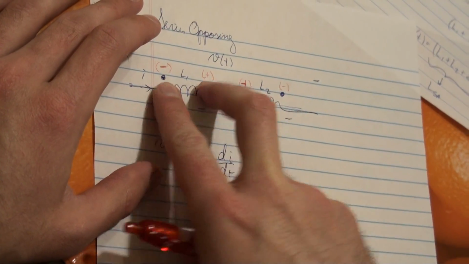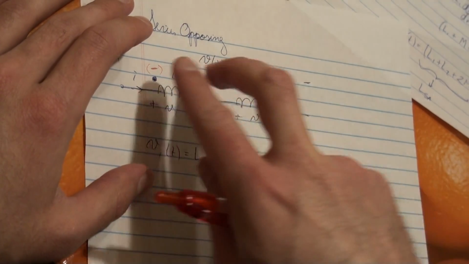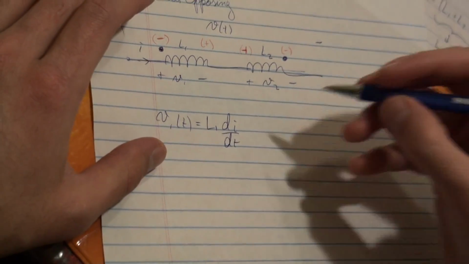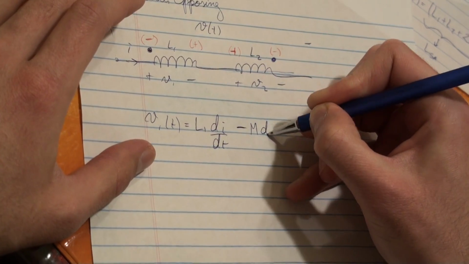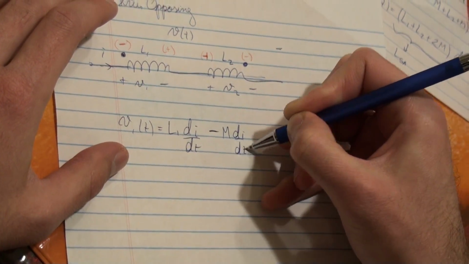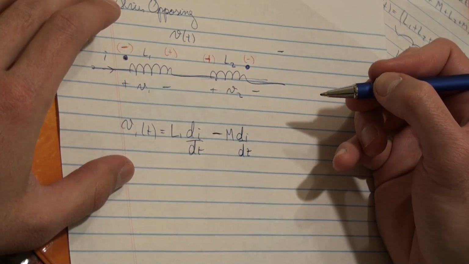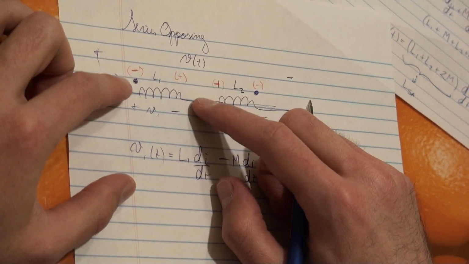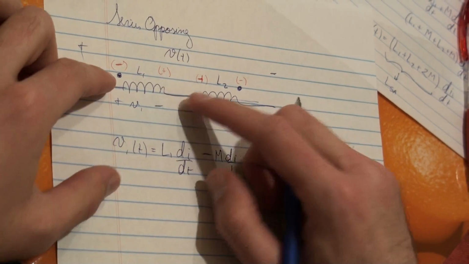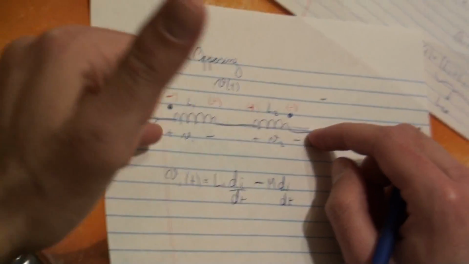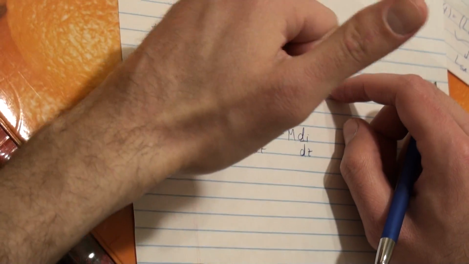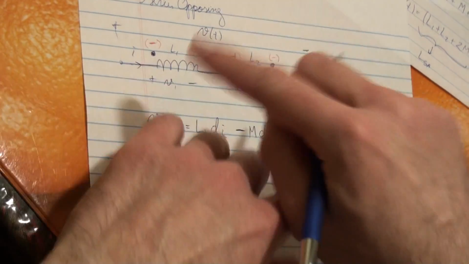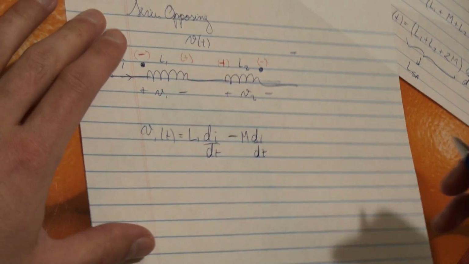Notice the mutual inductance from here is opposite the self-inductance here. So you would have to write minus M di/dt. So again, the voltage across this inductor is caused by, first, its self-inductance and then the mutual inductance here. But because the current is coming in here and coming out of the dot, the mutual inductance is opposing here. So you have a minus.